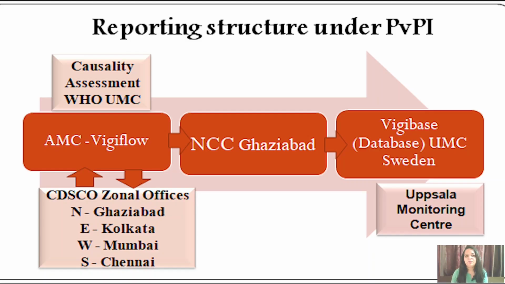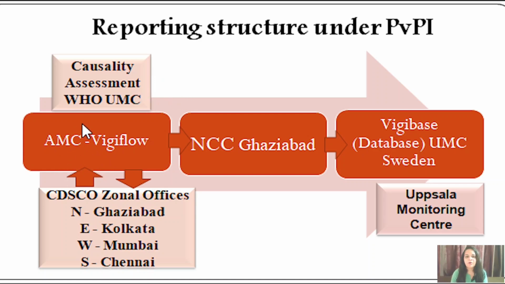Now, the reporting structure under the Pharmacovigilance Program of India. Under the CDSCO, there are zonal offices in the north, east, west and south, that is in Ghaziabad, Kolkata, Mumbai and Chennai. ADR monitoring centers report it in the software known as VigiFlow. ADR monitoring centers carry out causality assessment under the WHO-UMC scale.